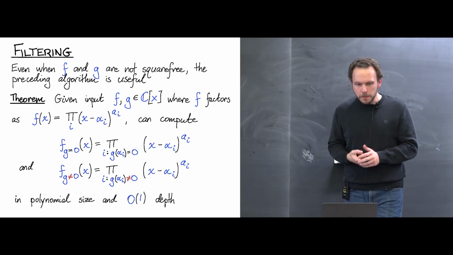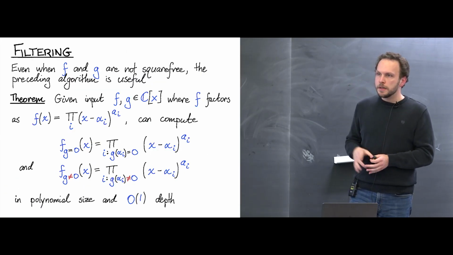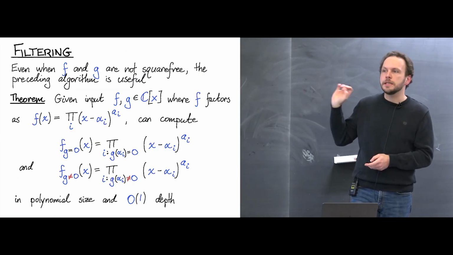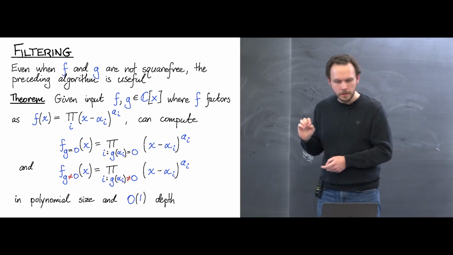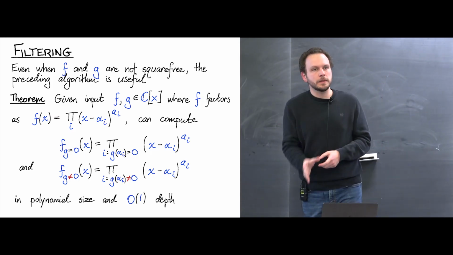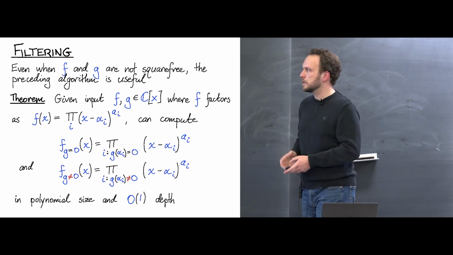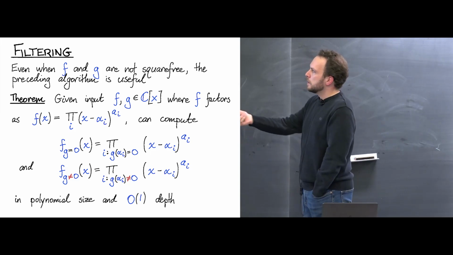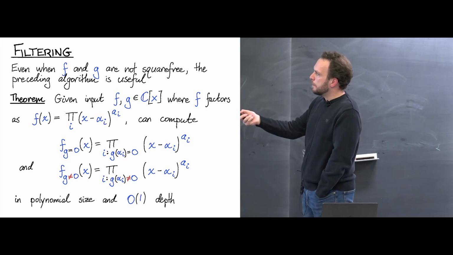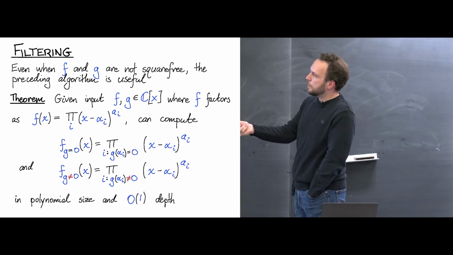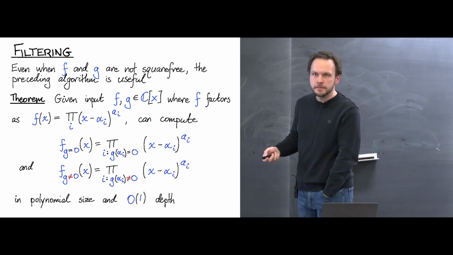So I claim that even when f and g are not square-free, the preceding algorithm actually does something useful. So here's what the preceding algorithm really does for general f and g. Suppose you have f and g as input, and f factors like this: f has these factors x minus alpha i raised to the power a i.